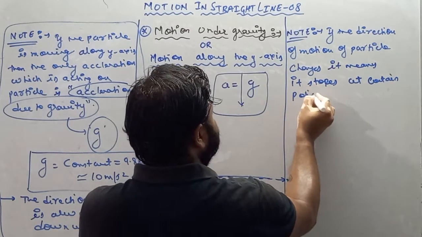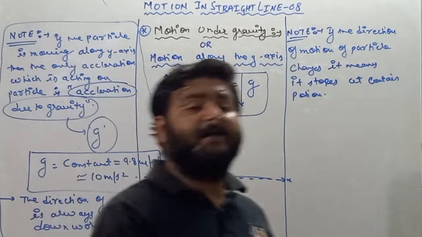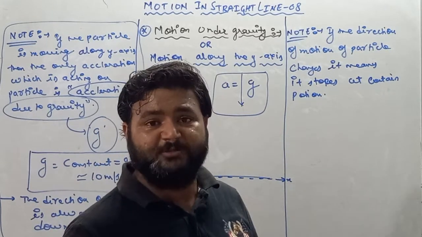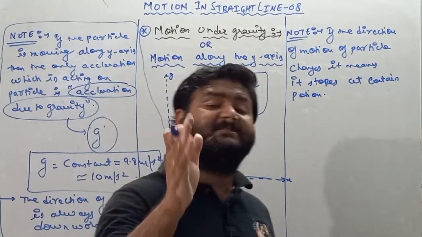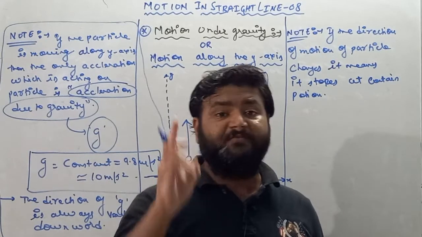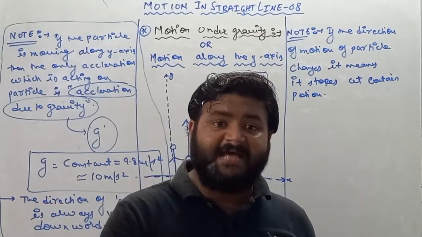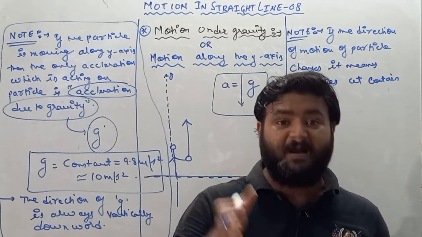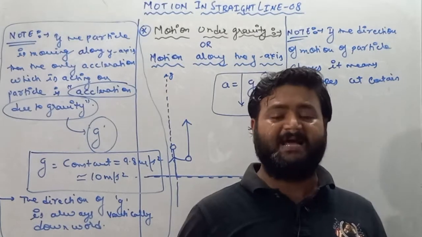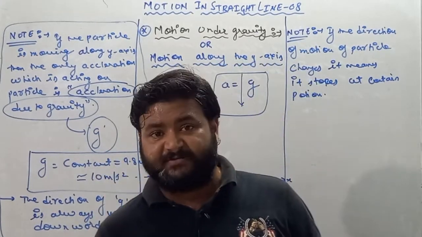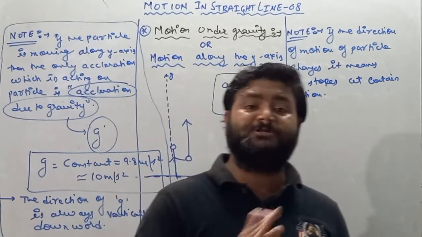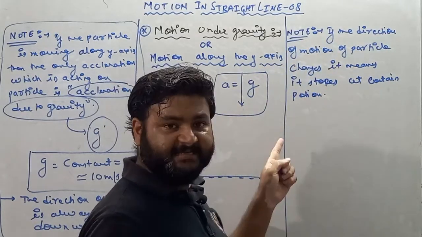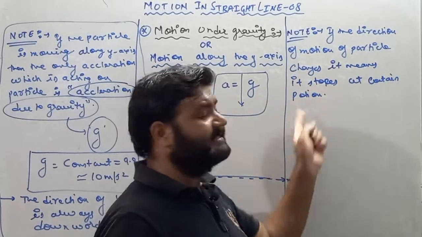It is very compulsory that, my dear student, if any particle changes its direction of motion, it implies it stops at some point, because without coming to rest, the direction of motion never changes. The direction of motion only changes if the particle stops and then changes its direction. That's why I'll write here, if the direction of motion of a particle changes, it means it stops at a certain point.